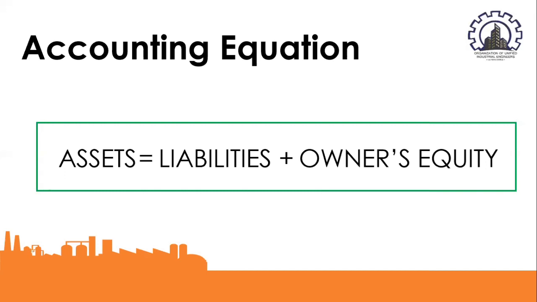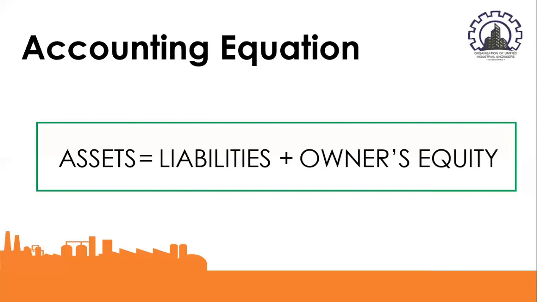On the other hand, liabilities are the present obligations of the entity arising from past transactions or events, the settlement of which is expected to result in an outflow from the entity of resources embodying economic benefits. And finally, we have owner's equity or capital.